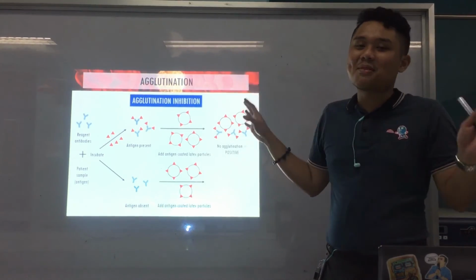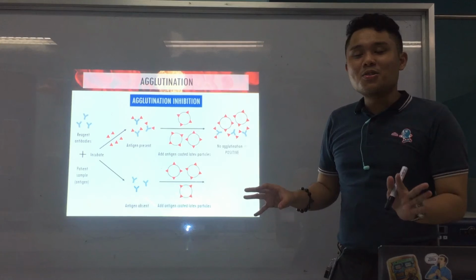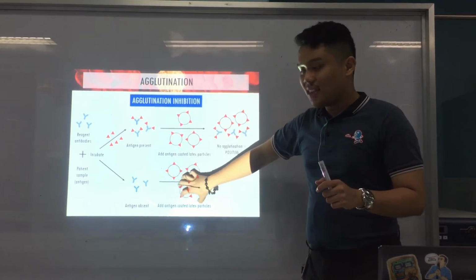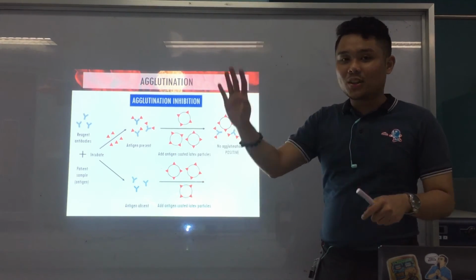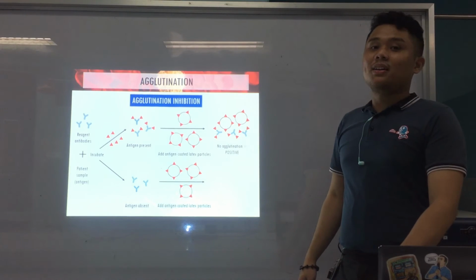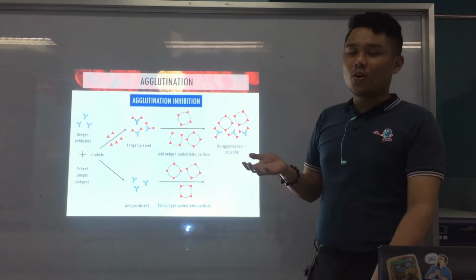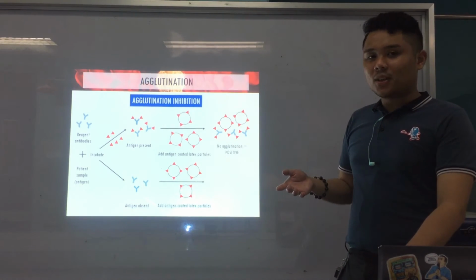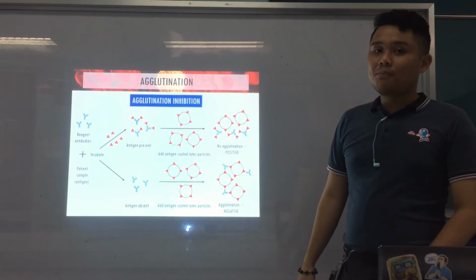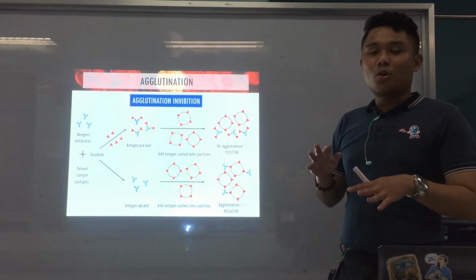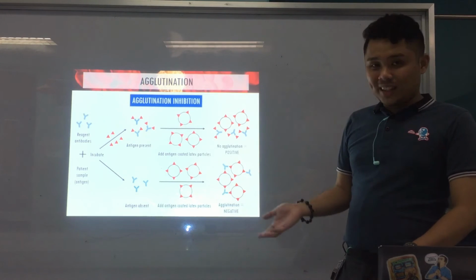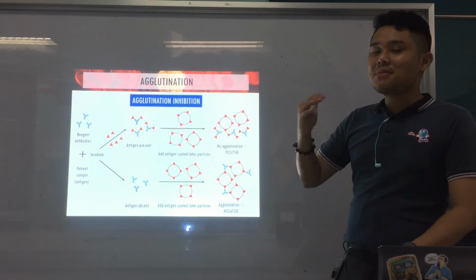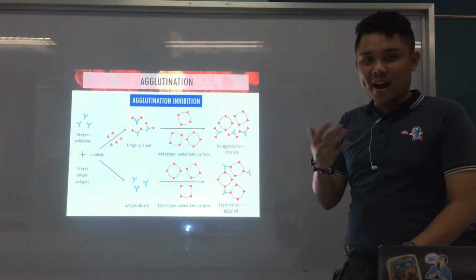Nothing has bound them, so they now bind with the latex particles coated with the antigen. Therefore, since they bind these antigen-coated latex particles, they now produce the lattice formation, which results in agglutination. Gets? And that means a negative result if there is agglutination.